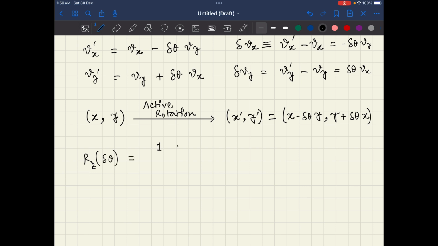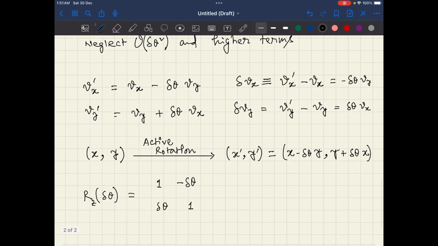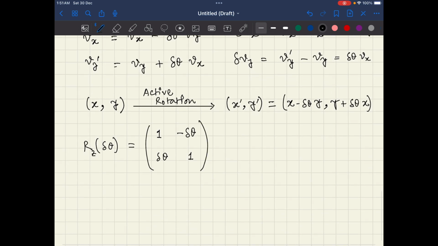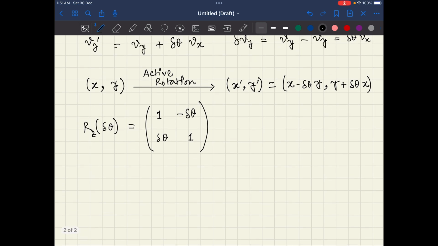In this case it is written as the matrix with rows 1, minus delta theta and delta theta, 1. Am I right? Yeah, okay. So now if we write in matrix form, then x prime y prime is related to x and y with this rotation.